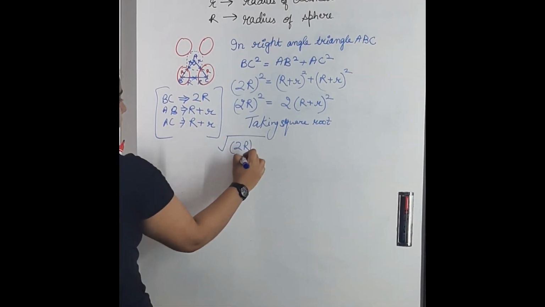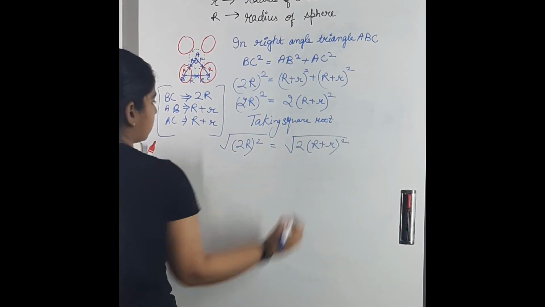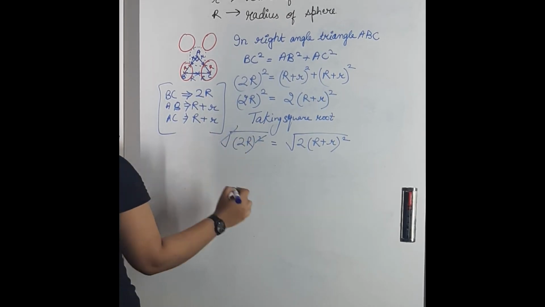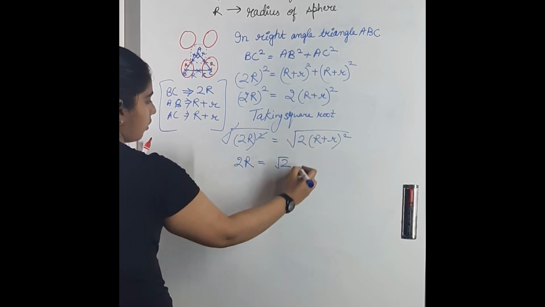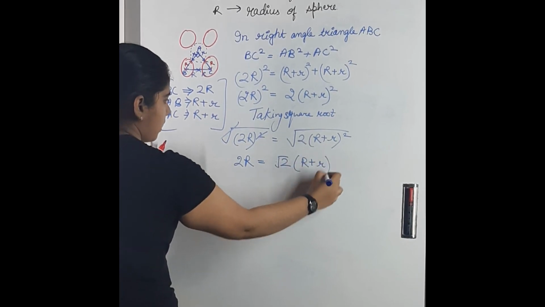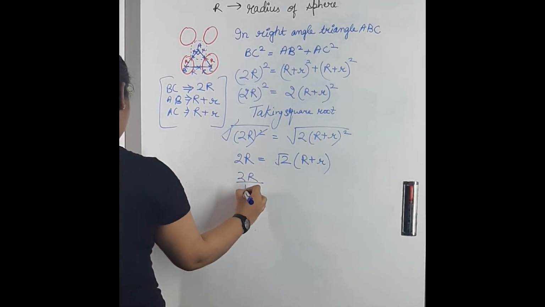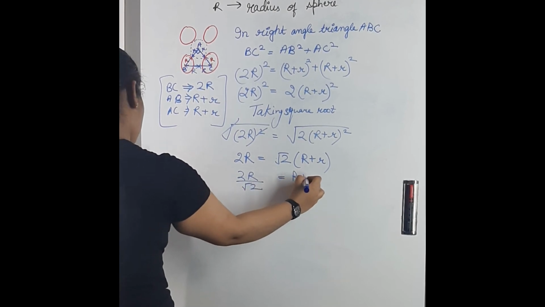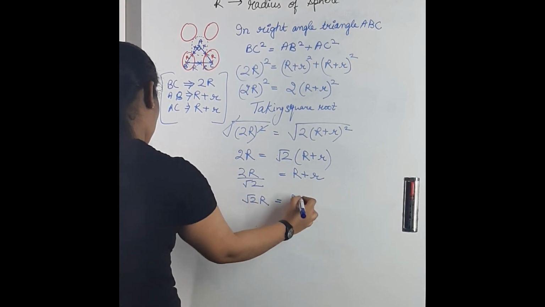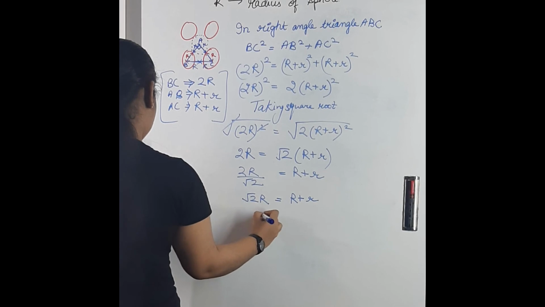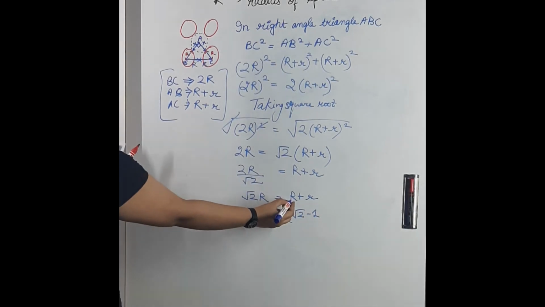Square root taking on the whole square. The square root cancels the square, and we get 2r is equals to √2 and this one is plus r. You rearrange this, guys. 2r upon √2 is equals to r plus r. √2r is equals to r plus r and then r is equals to √2 minus 1. The plus r goes here and becomes minus.